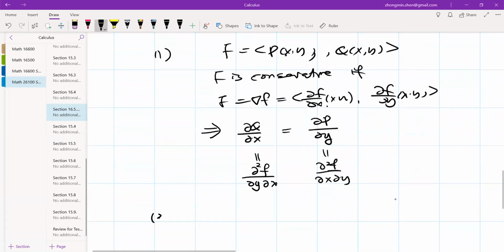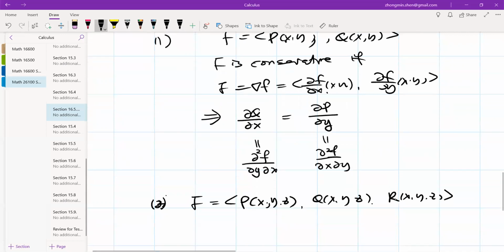So now let's look at the three-dimensional case. F is going to be P(x,y,z), Q(x,y,z), and R(x,y,z), which depend on three variables.